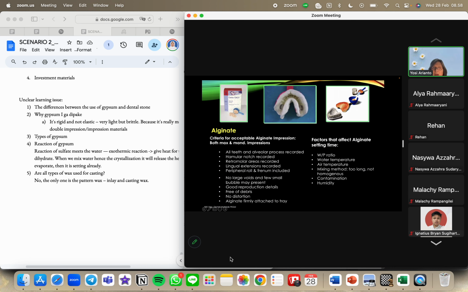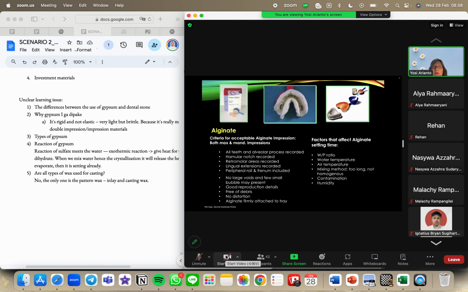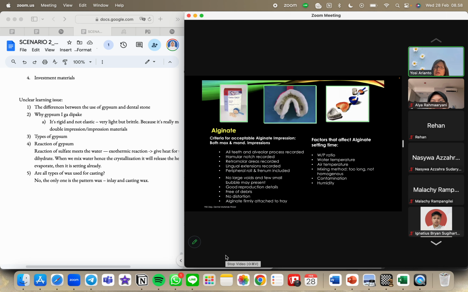If it breaks when you make an impression, then after removal you will see the custom tray. It's not right. So the custom tray should not be exposed. And the alginate should be firmly attached to the tray, because there are retentions like holes for the retention of the alginate.